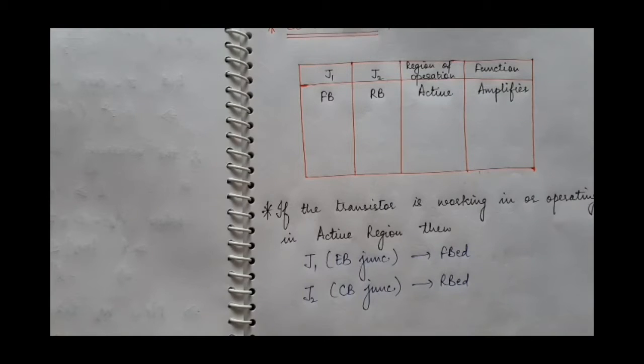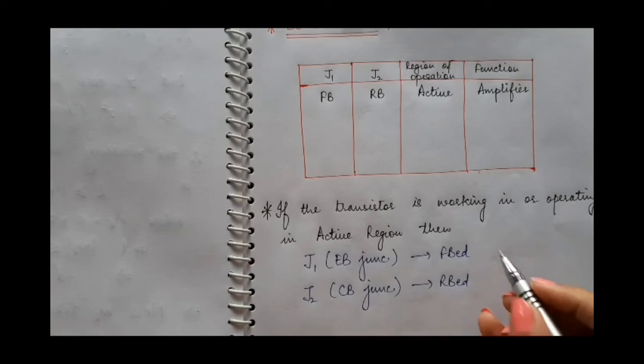In the ideal case, if the J1 junction is forward biased, it will offer zero resistance, and practically it will offer low resistance when forward biased. Ideally, when the junction J2 is reverse biased, it will offer infinite resistance to the flow of majority carriers, and practically it will offer high resistance when reverse biased.